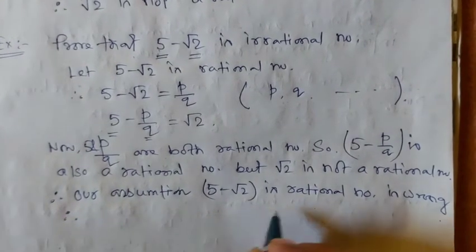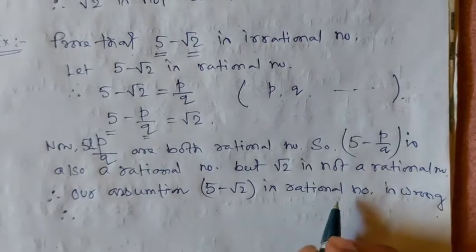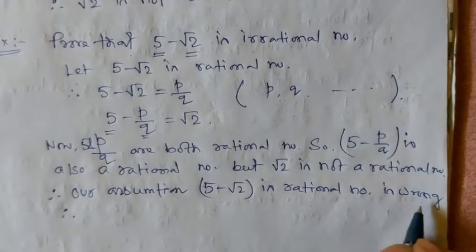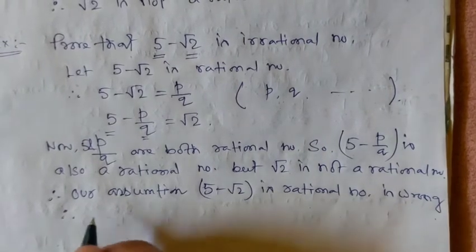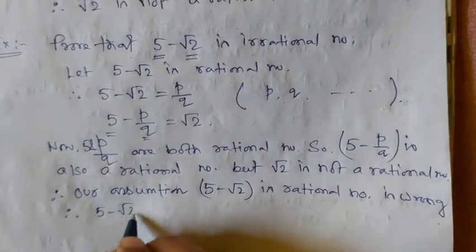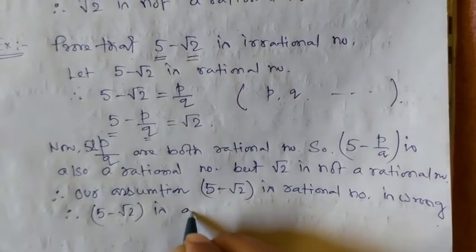Therefore our assumption is wrong. That means we can say that 5 minus root 2 is an irrational number. So that's why 5 minus root 2 is an irrational number.